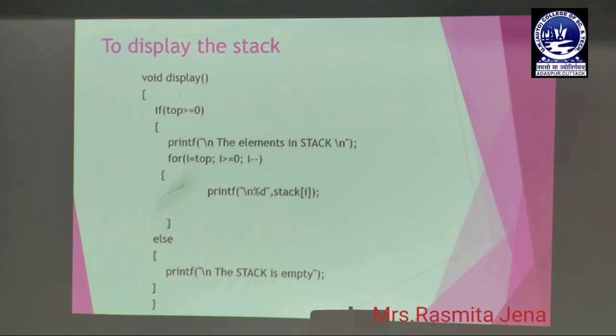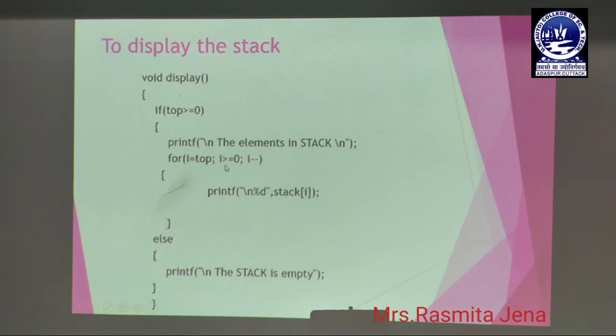Based on the principle of LIFO, we display the last element first and the first element last. So for displaying the last element first, we initialize the loop counter variable to top, so i equals top.